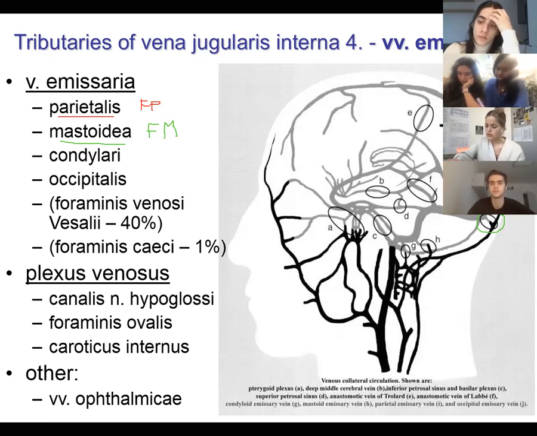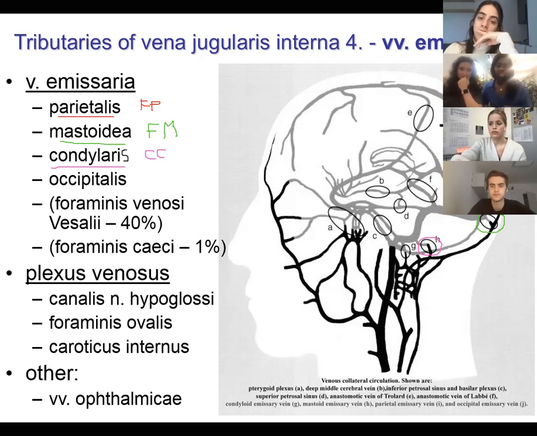Then condylar, condylaris. The condylar one is this one. It runs through the canalis condylaris into the occipital condyle.